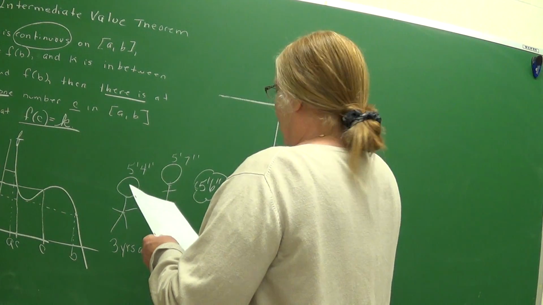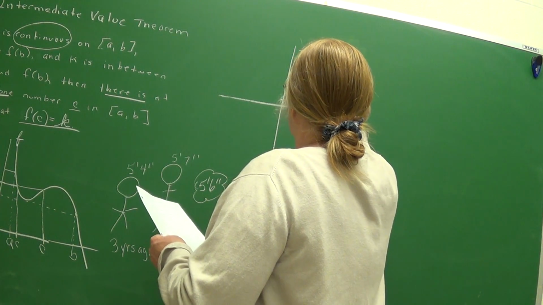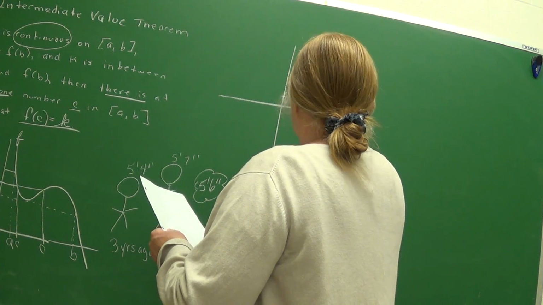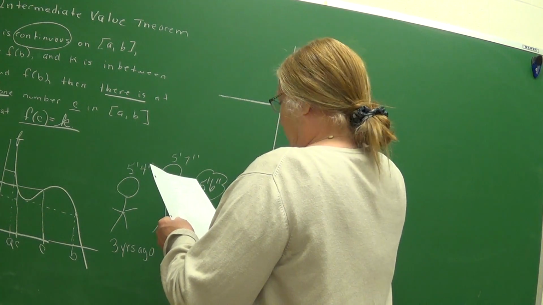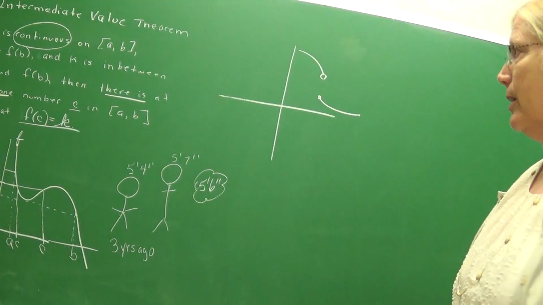So suppose we have the situation where a function comes down and it has a hole, and then there's a solid dot underneath of this. Obviously, this is not a continuous function.